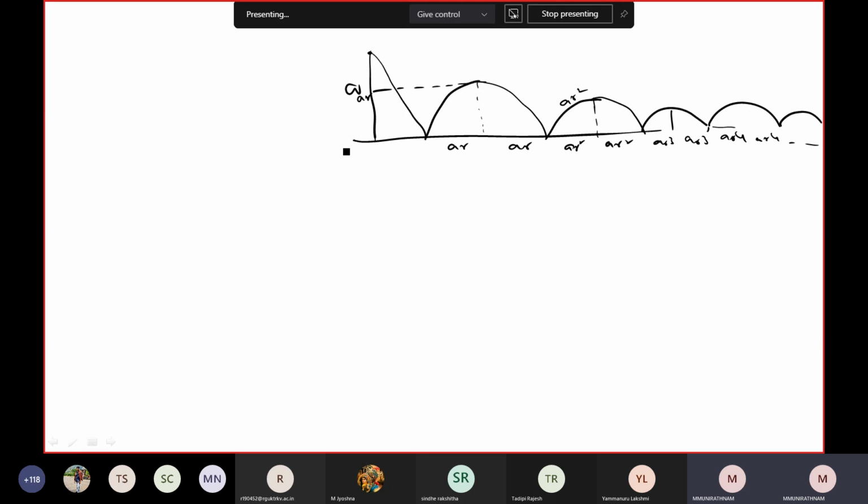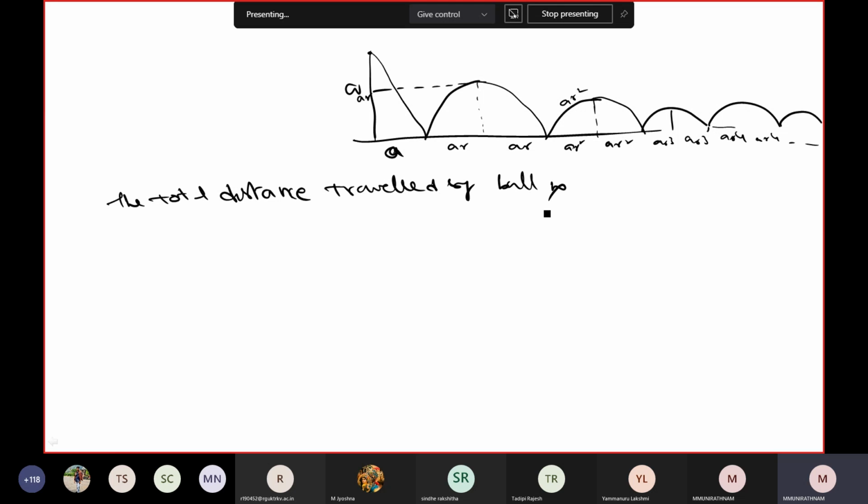Okay, so finally, this is A meters. The total distance traveled by the ball will be equal to: first is A, then AR plus AR, that will be 2AR.